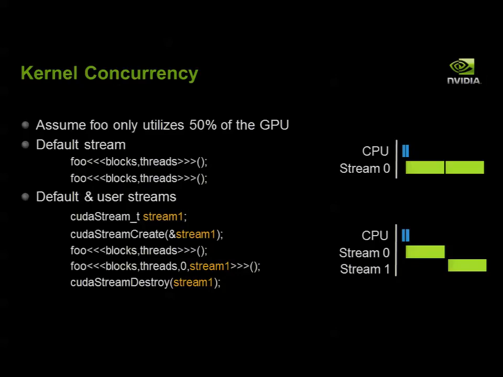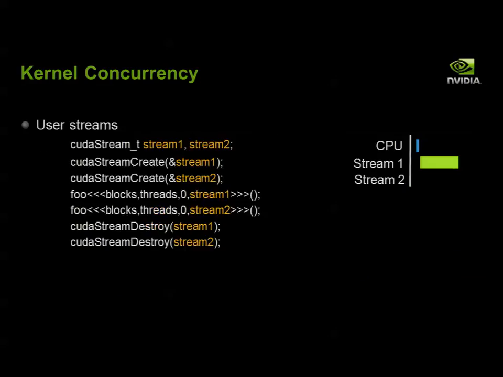So if you want to achieve true overlap between those, the way you have to do it is to have actually two streams. So you have to have an explicit stream both for the first kernel and the second kernel. And in this case, you're getting the overlap as you wanted.